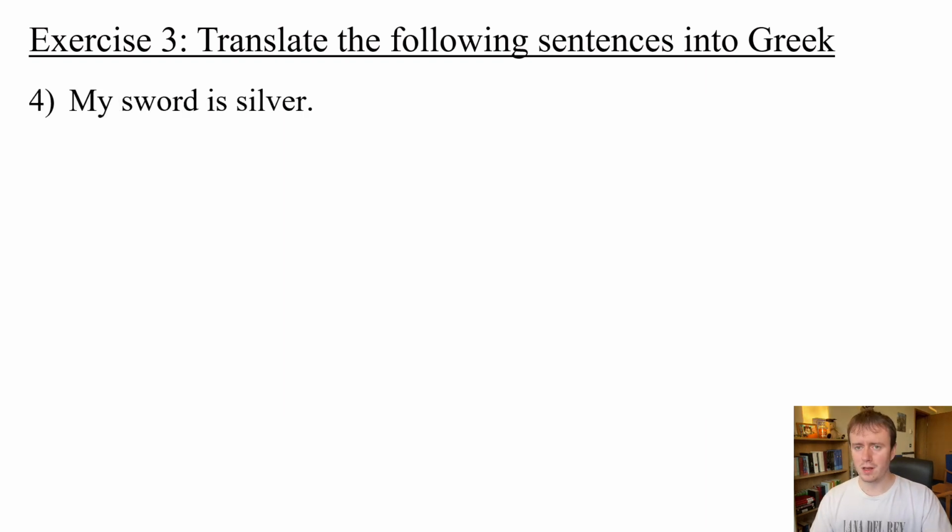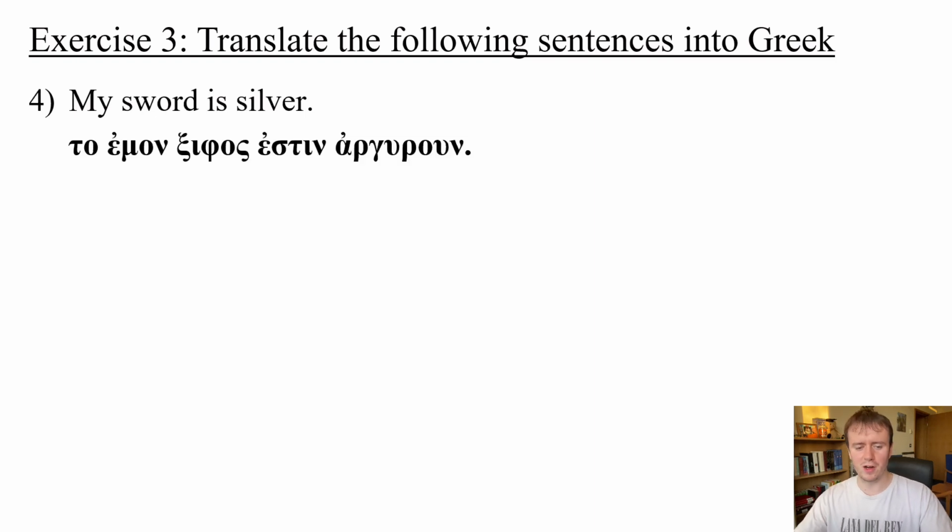Number 4 is my sword is silver. Here you should have put to emon xipos estin argurun. We know that we should say this because we need to xipos to mean the sword. But if you want to say my sword instead, then you need to add the adjective emos, meaning my, and make it agree with the word sword.